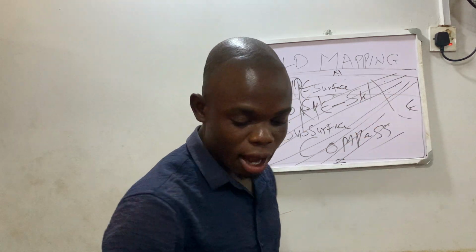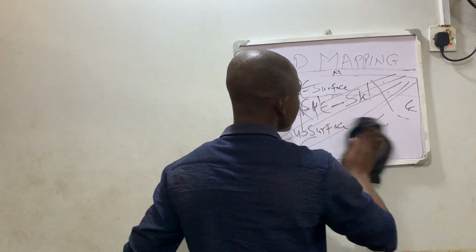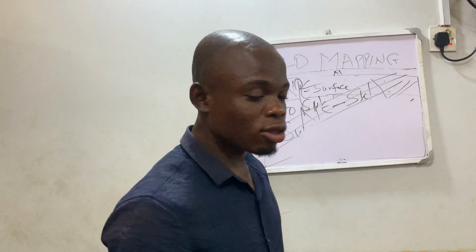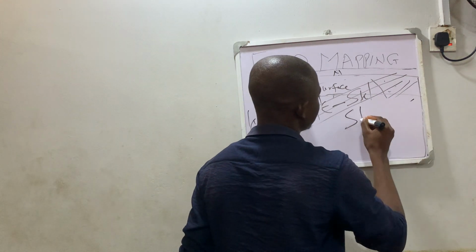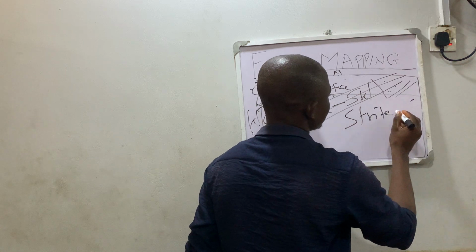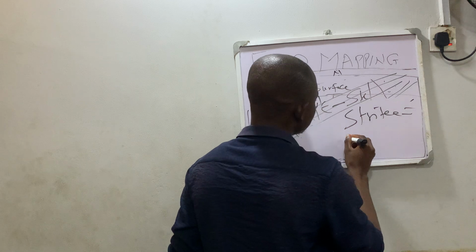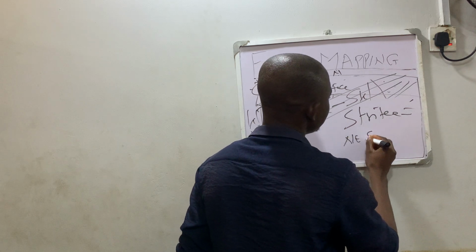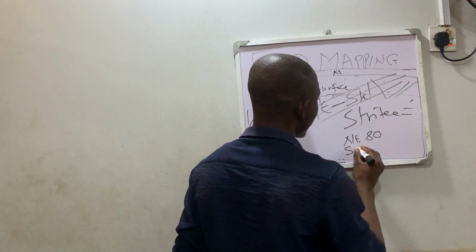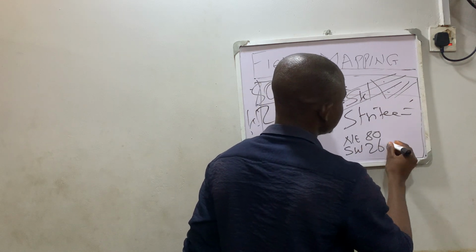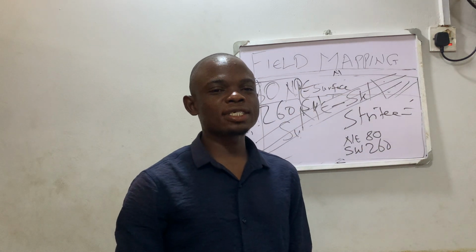I can boldly tell the person, whether a professional or non-professional, that the outcrop is striking: strike is equal to northeast 80 and then southwest 260. That's one thing I want you to understand here.